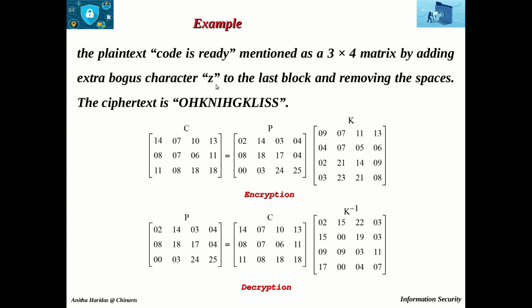Then the plain text blocks will be represented as a matrix and multiplied with the key matrix to produce the ciphertext. So this is the procedure for the Hill cipher.